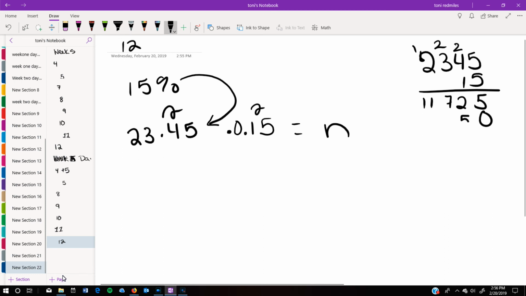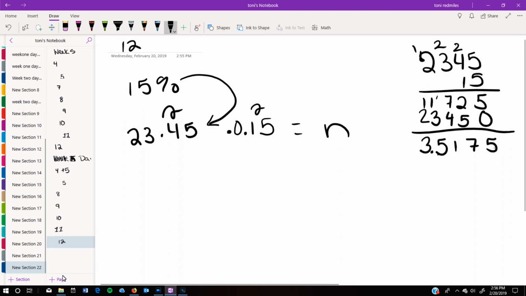All right, 5, 4, 3, 2. I felt like I was counting backwards for a minute there. All right, so 4 decimal places. 1, 2, 3, 4.